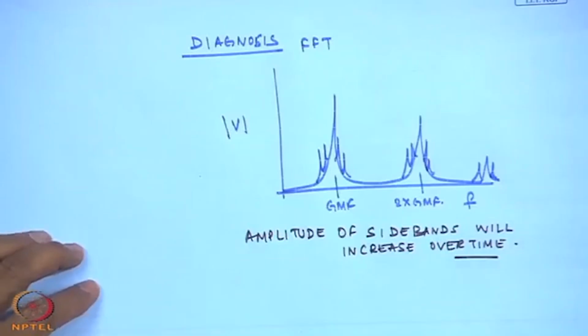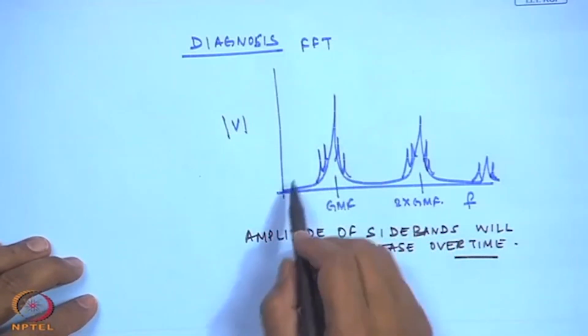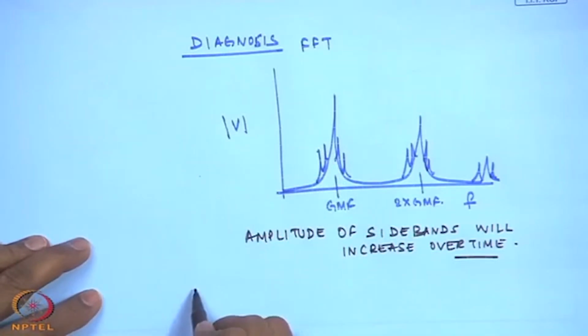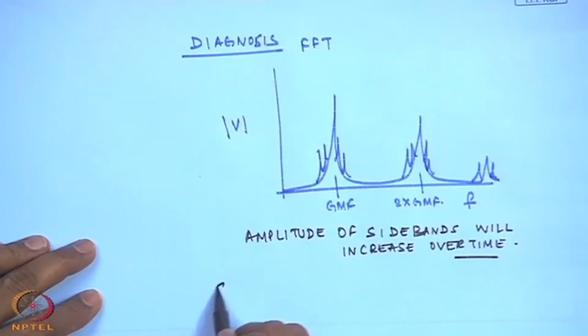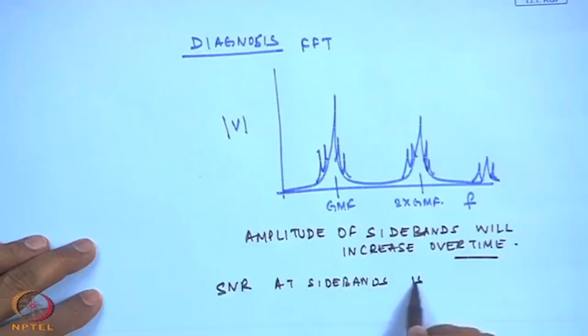But what happens many times, because there are a lot of other signals, these sidebands are very nicely buried in noise. So, the signal to noise ratio at sidebands is poor.